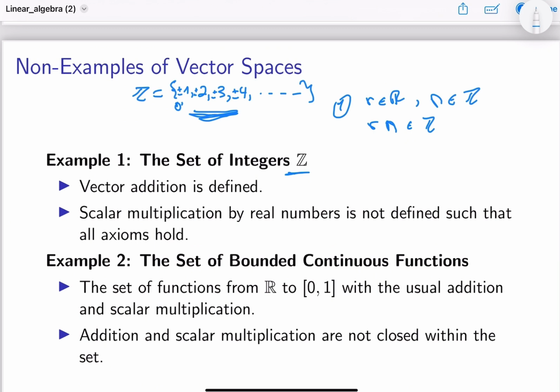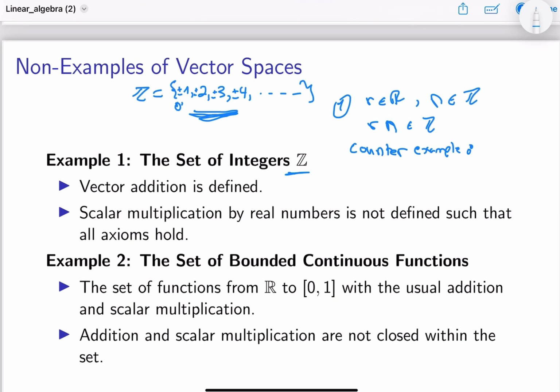Well, that's not true. And when you want to prove that something is not a vector space, meaning you want to prove that one property is not true, you provide what's called a counterexample. So when proving something is a vector space, you prove it in the very generality.